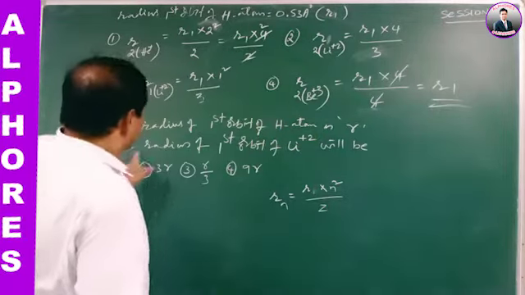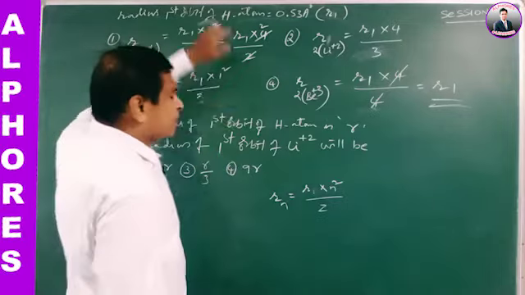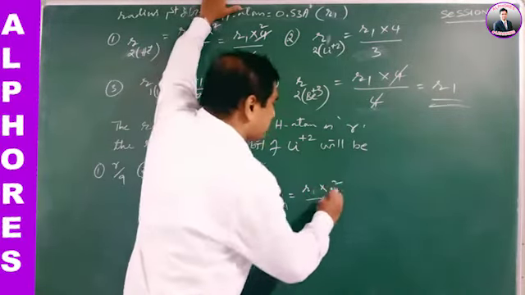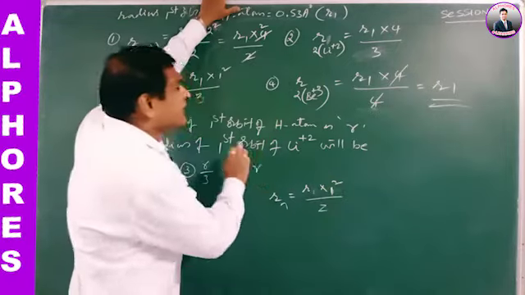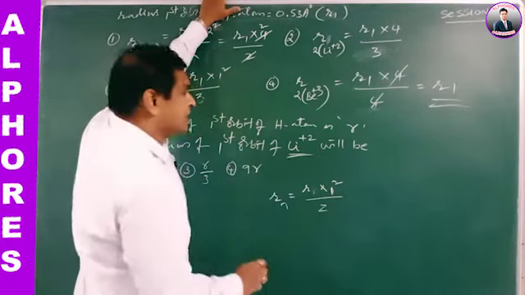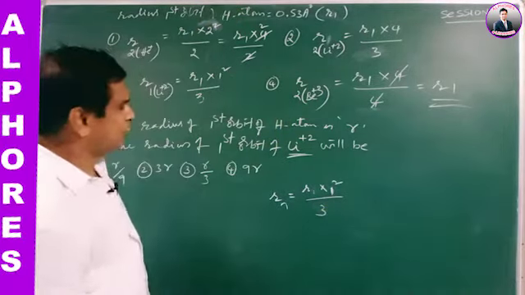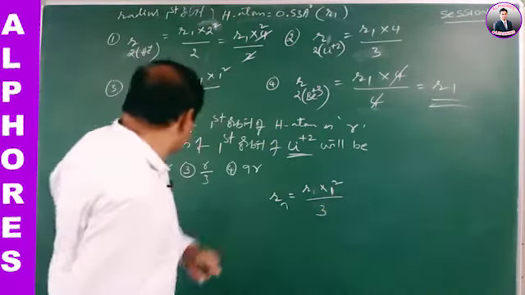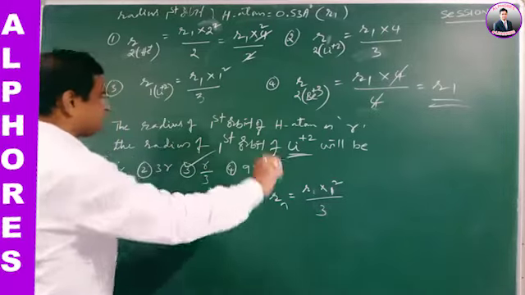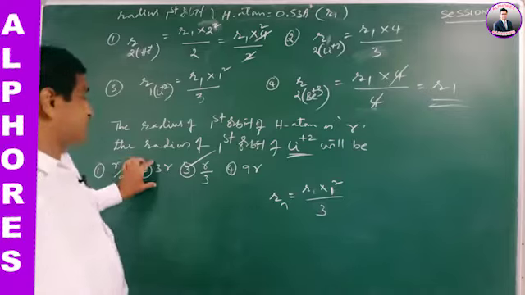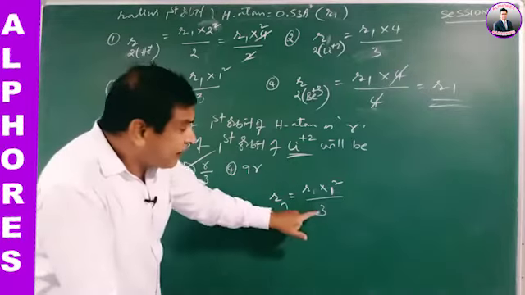Now the radius of the first orbit of lithium, that is n is equal to 1. Lithium atomic number is 3. So therefore it should be r by 3. Third option, r by 3. It cannot be r by 9, it cannot be 3r, it is r by 3.